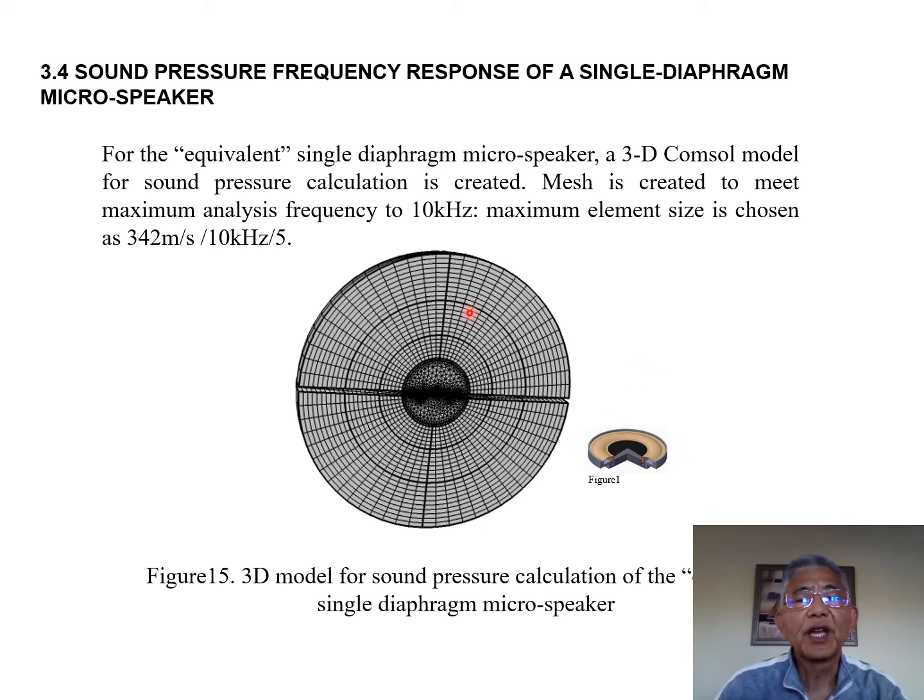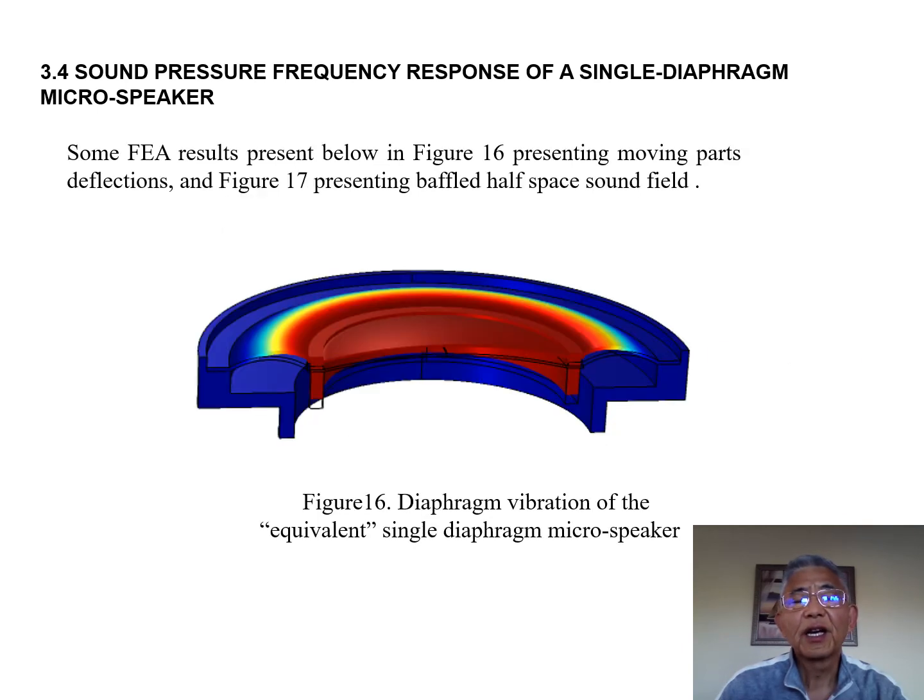So then I do the SPL calculation, same as the multiple diaphragm calculation. I get the result. I check whether the mechanical moving part is working right or not.